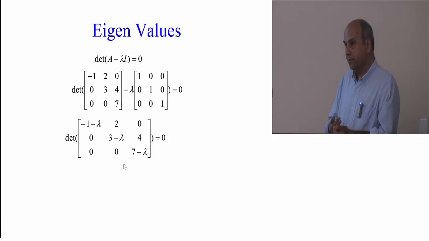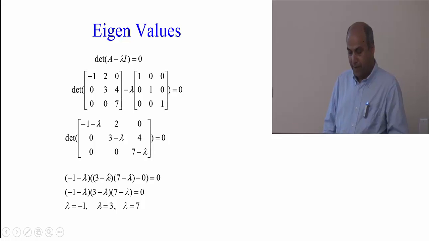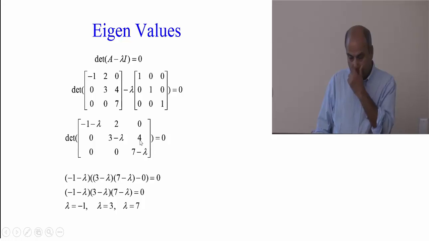Again, you learned this in middle school. The determinant of a matrix: you take this one, multiply this and minus this, and then take this one, multiply this, and then take this one. So that's what we have. We take the -1 minus lambda, and then the determinant of this, which is this one multiplied with this minus this, which is 0.